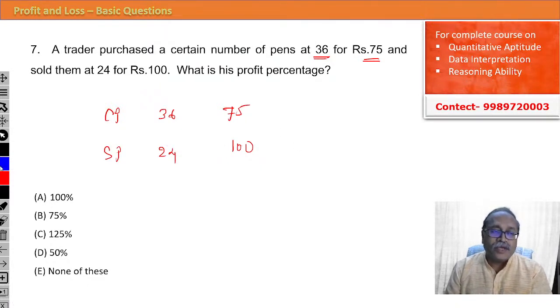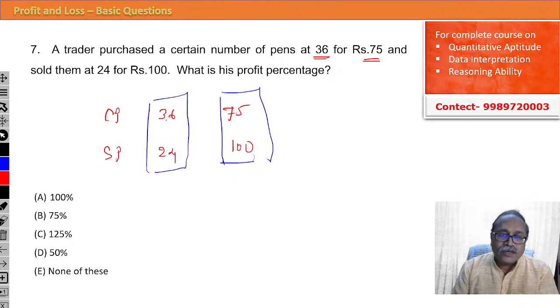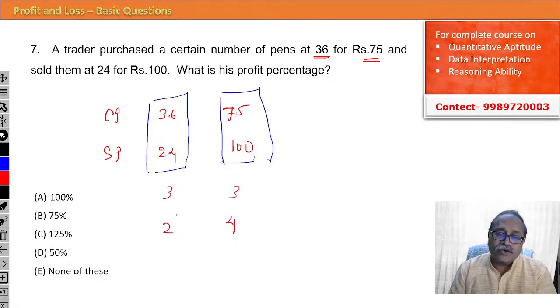कैसे करेंगे इसको? तो आप देखेंगे ये दोनों में जो रेशियो है, इसका रेशियो ले लीजिए, एंड यू टेक द रेशियो फ्रॉम दीज टू. That means here with 12, 3 times and 2 times, and with 25, 3 times and 4 times. Then go for a cross multiplication. अब इसको हम लोग क्रॉस मल्टीप्लाई करते हैं यहाँ पे.